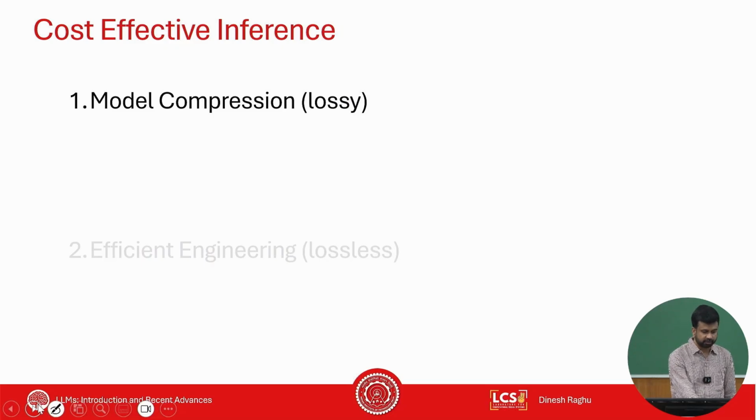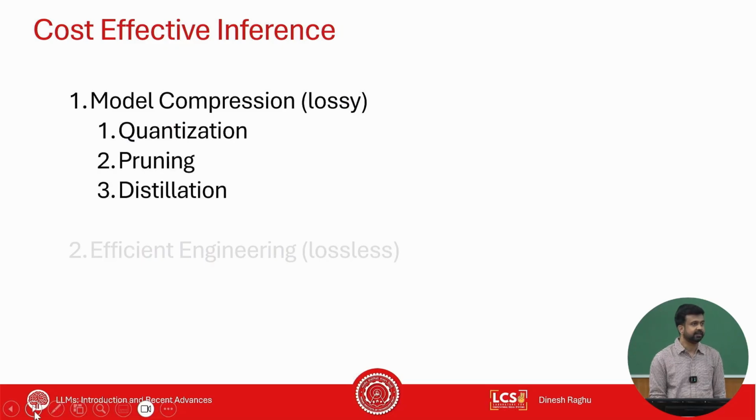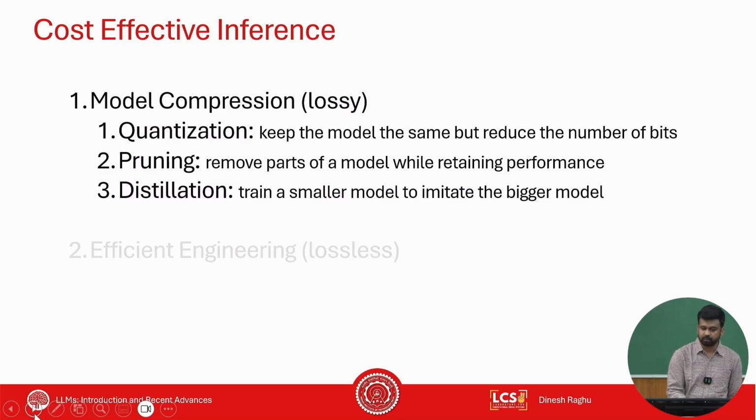For this lecture, we'll focus mainly on model compression techniques, and specifically we'll be talking about quantization, pruning, and distillation. So let me give you a brief about what these are. Quantization, as the name suggests, is where we keep the exact same model, but use a reduced number of bits to represent parameters and activations.